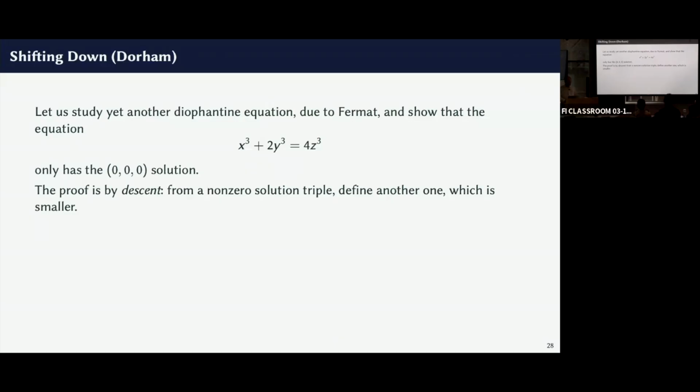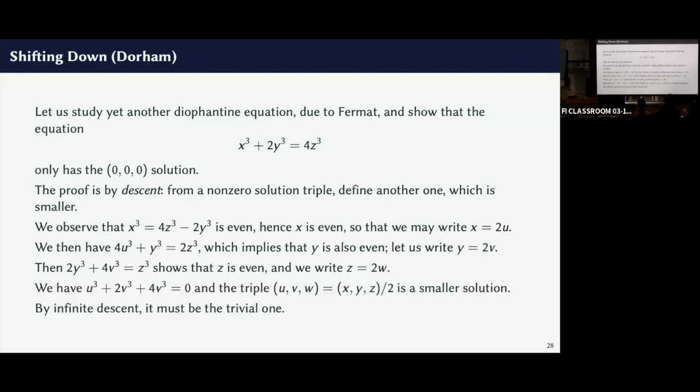So how can we work on these equations? The point is that x cubed is obviously an even number, because 2y cubed is even and 4z cubed is even. So we can write x is 2 times u. Then the equation becomes 4u cubed plus y cubed is 2z cubed, from which you see that y is even as well.